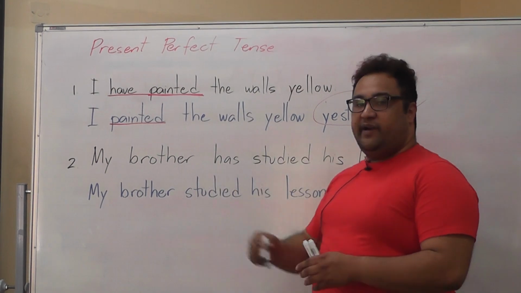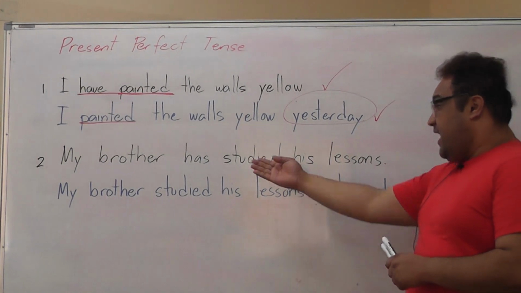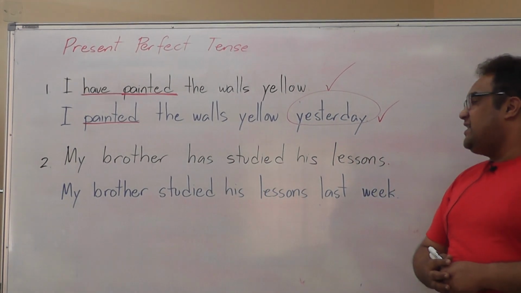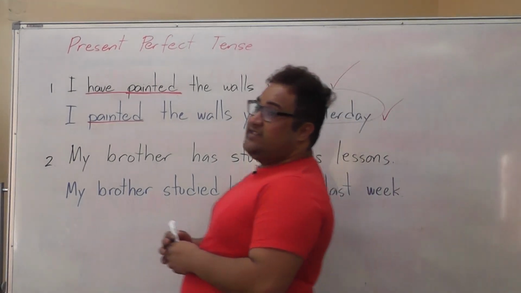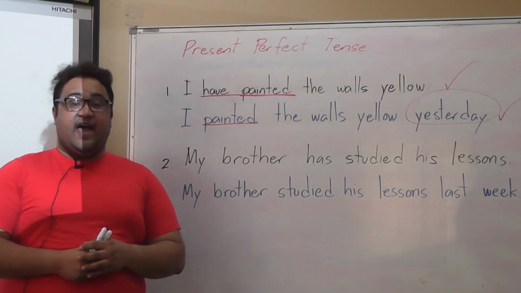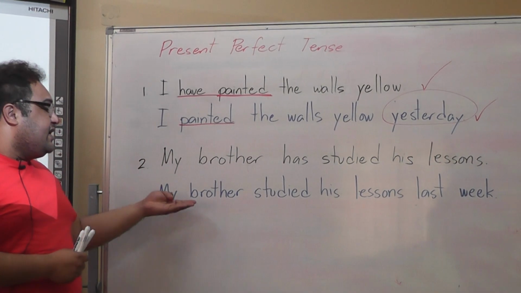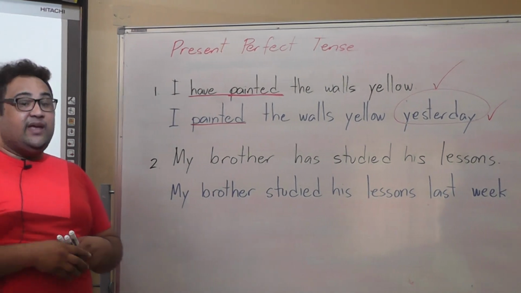Okay, so let's have number 2. My brother has studied his lessons, and my brother studied his lessons last week. So again, what is the difference between the two sentences? First, my brother has studied his lessons. The second one is my brother studied his lessons last week.